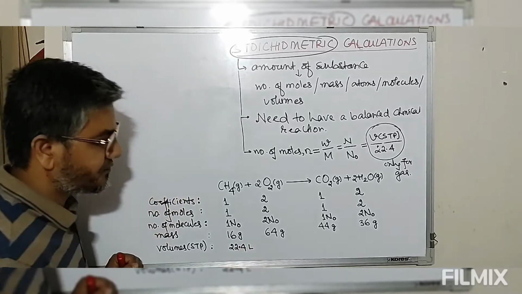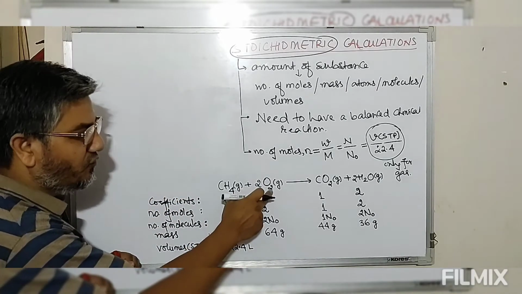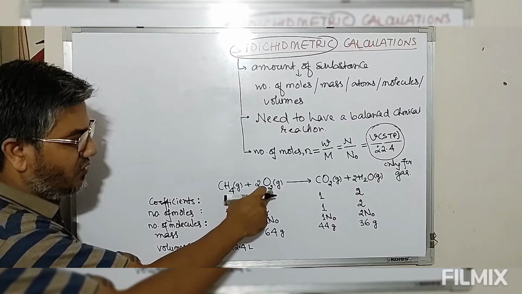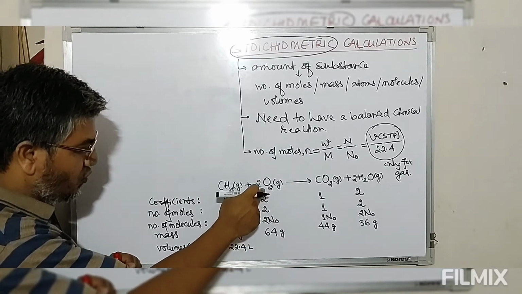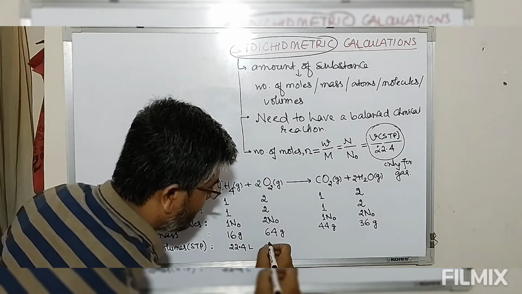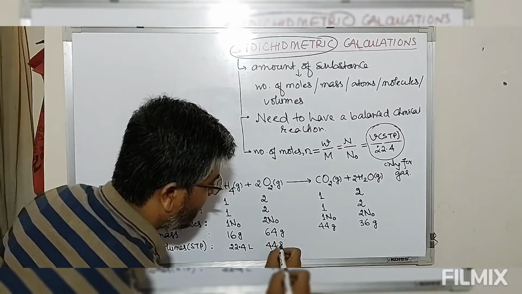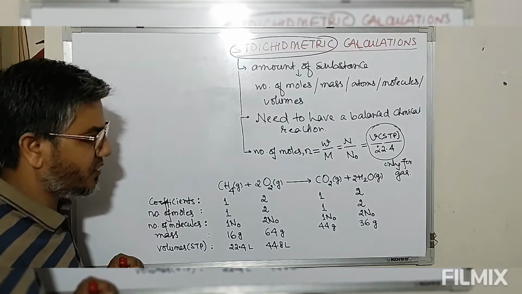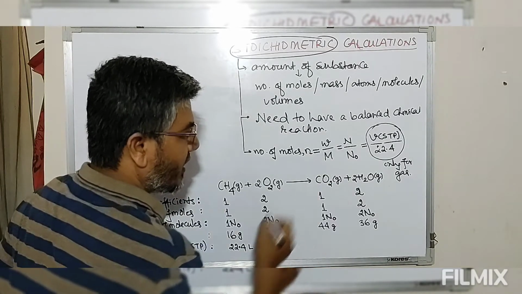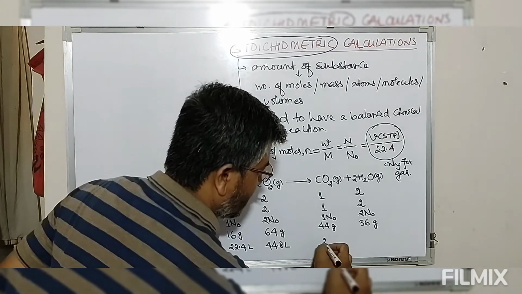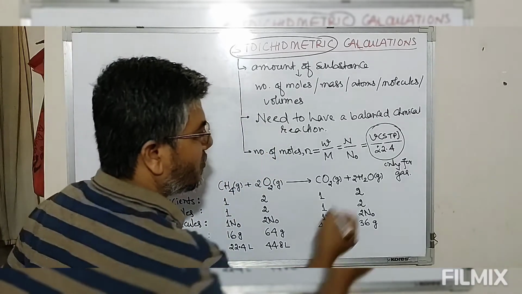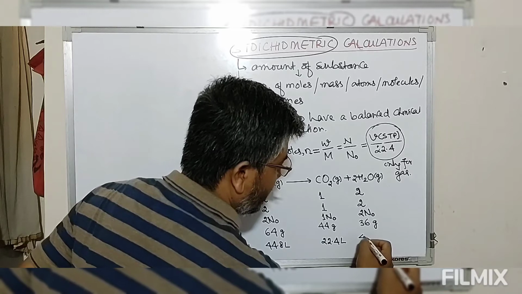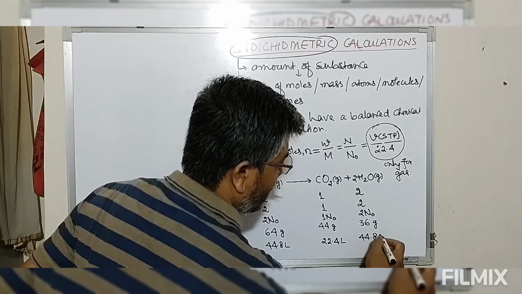22.4 liters. Now we have 2 moles of oxygen, which means 44.8 liters at STP. We have 1 mole of carbon dioxide, so the volume will be 22.4 liters. For 2 moles of H2O gas, the volume will be 44.8 liters.